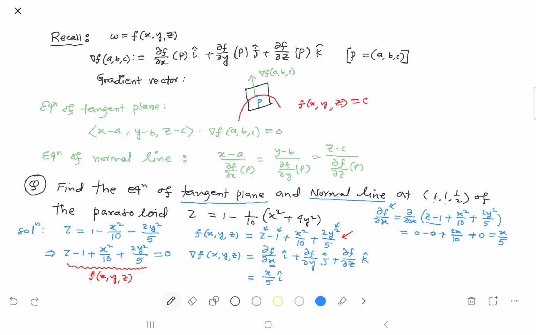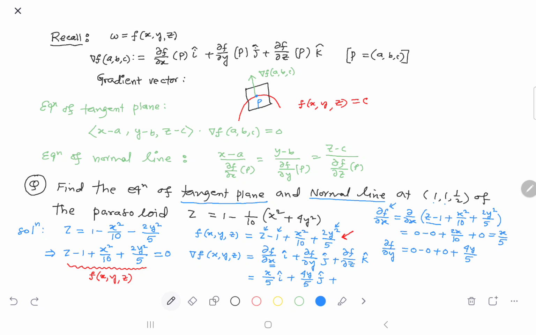Look at this expression: f is z minus 1 plus x squared over 10 plus 2y squared over 5. So del f del y is 0 minus 0 plus 4y over 5. Very good. So we are getting 4y over 5 j cap.